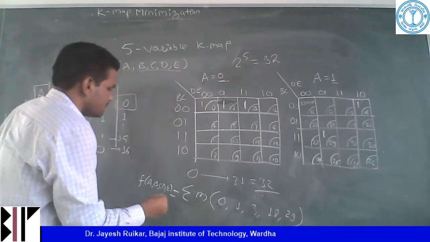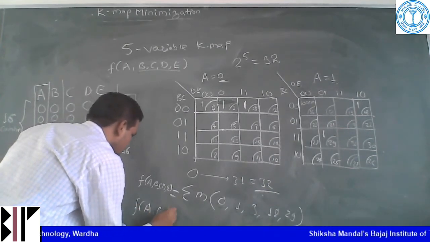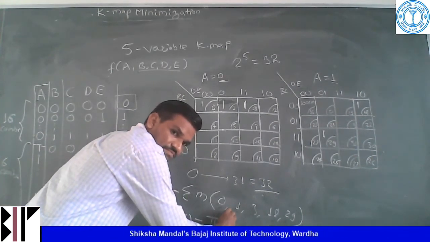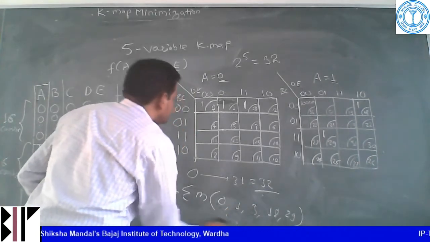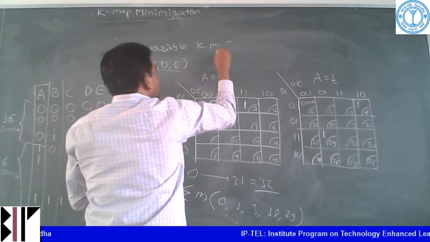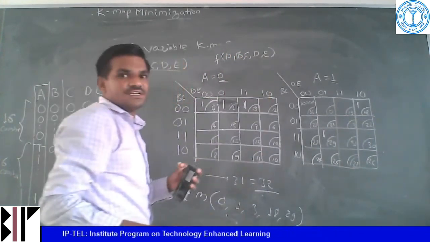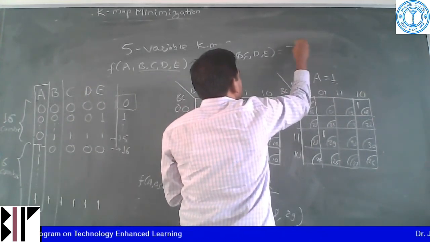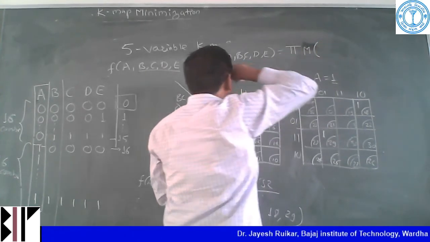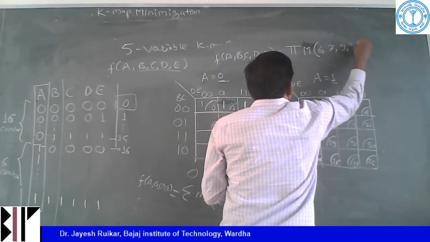Another example I will explain to you: function of A, B, C, D, E, this is a 5 variable function, is equal to pi M, and the values will be 6, 7, 9, and then 31.